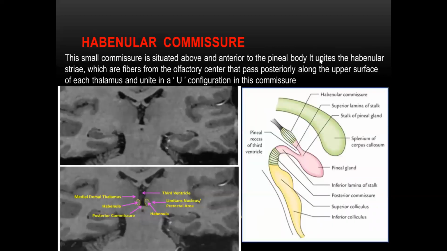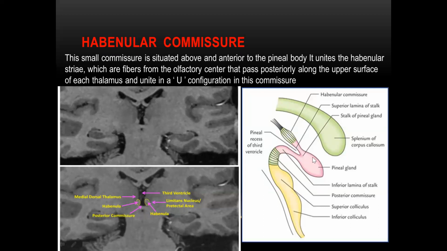The habenular commissure connects the 2 habenulae. This is the left and this is the right, and the connection between them is called the habenular commissure. It is located anterior and superior to the pineal gland.